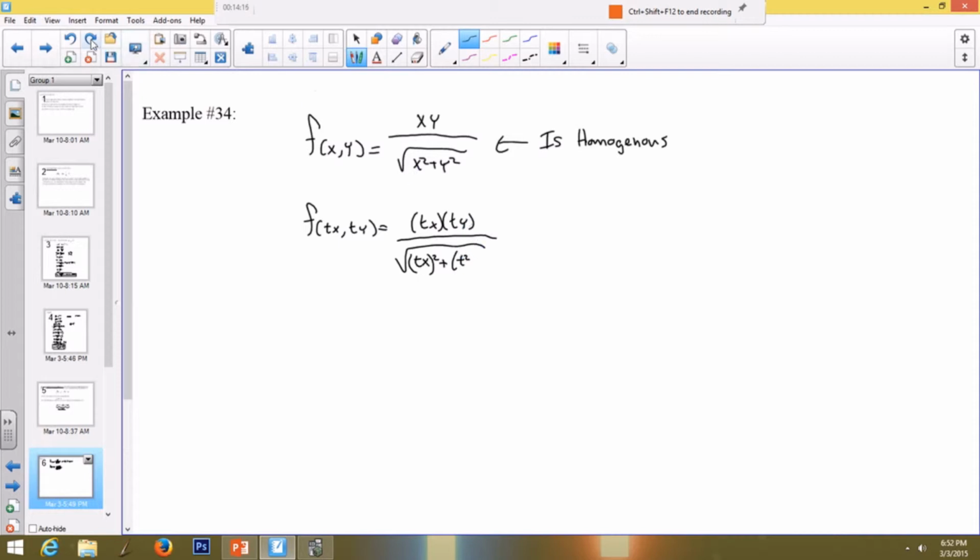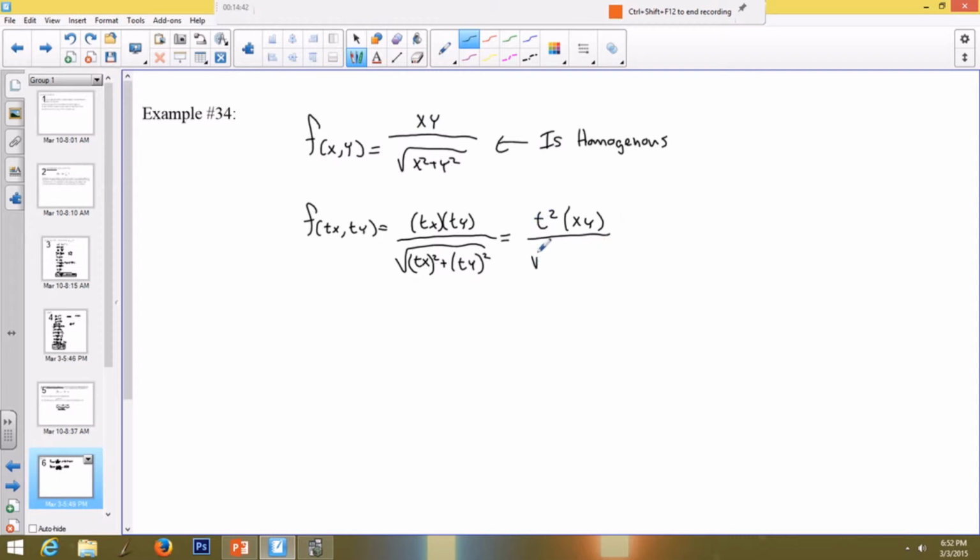ty squared. Got ahead of myself. Fingers move faster than my brain. And so here's what I want to do. I want to try and factor out all of these t's if I can. So when I look at this, I've got t squared and then xy. And that's good because now I have xy times some power of t.